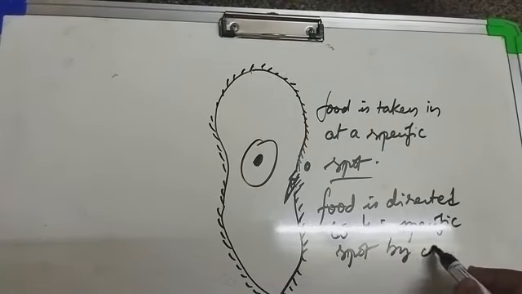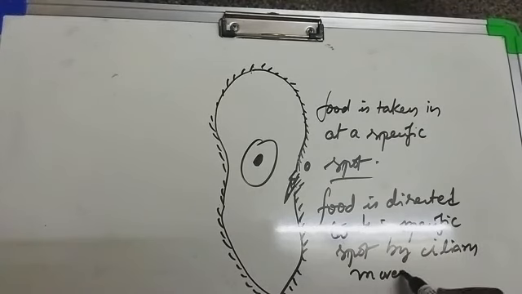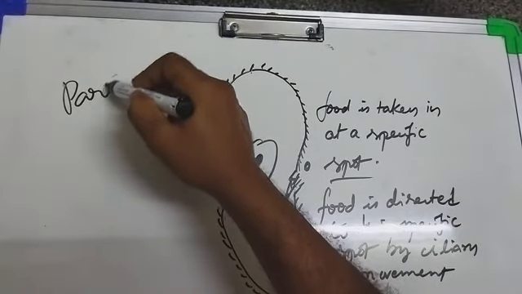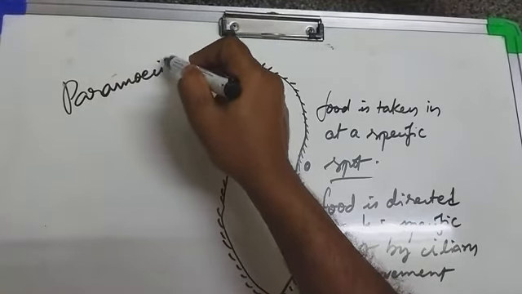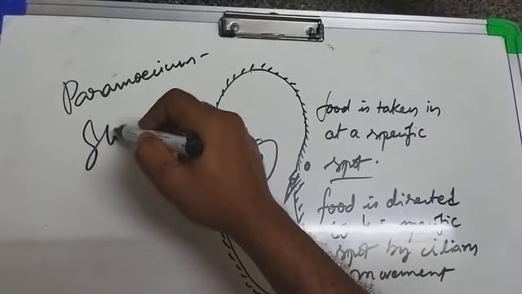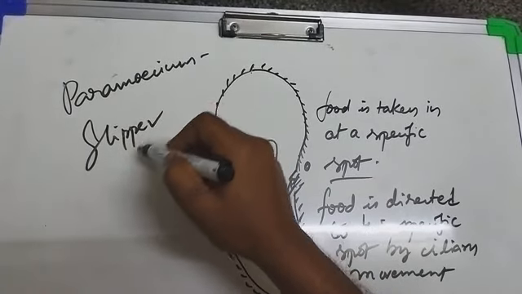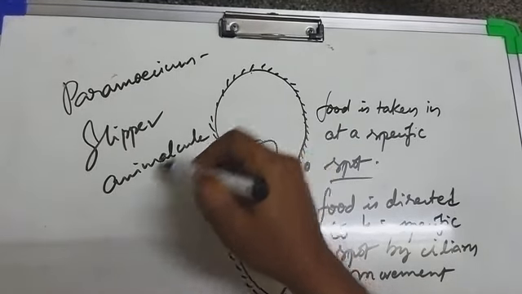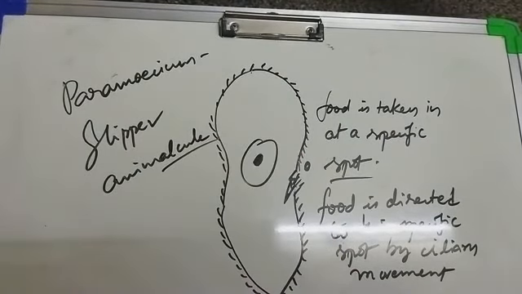By ciliary movement. Right. So paramecium is called what? Slipper animalcule. Right. This is about paramecium.